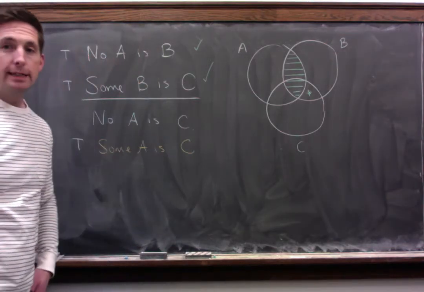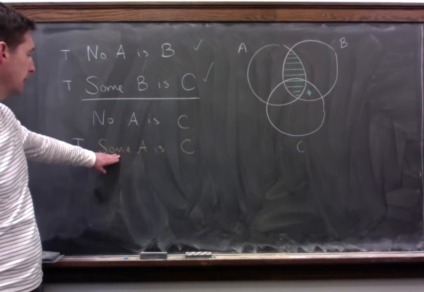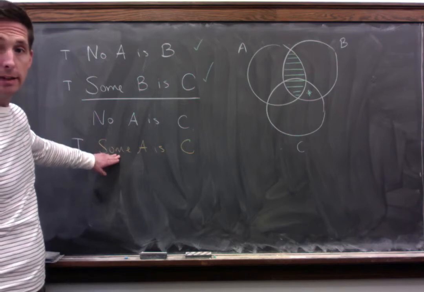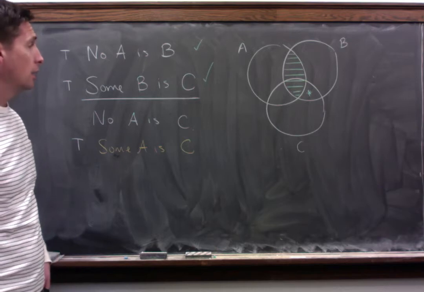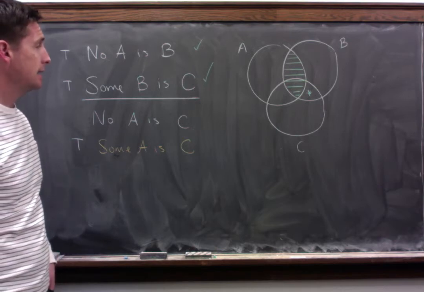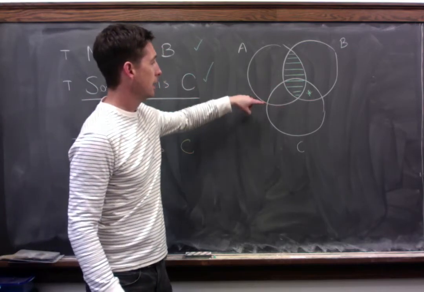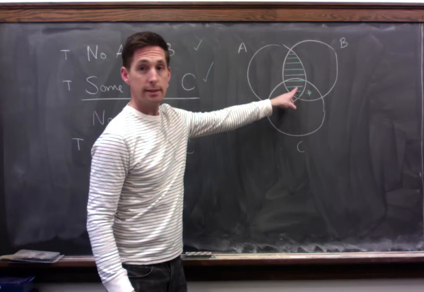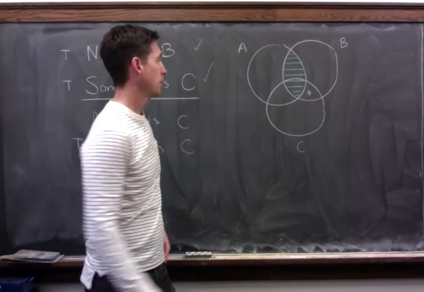Finally, we have to see if we can diagram the falsity of the conclusion, that is, the truth of its negation. Can we diagram some A is C? Well, if some A is C, there has to be something in the overlap between A and C. Although nothing can go in the shaded part because that's got to be empty, there is a region here where something could go.